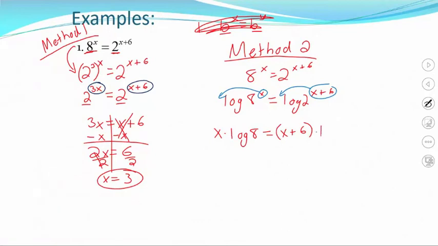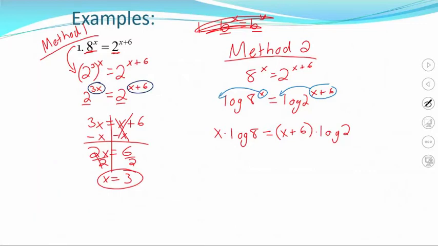Now I'm putting parentheses because x plus 6 does go together. It is one thing. It's one piece. So x plus 6 is kind of stuck together, so I put them in parentheses because they go together. All right, now I'm using just standard algebra rules. So I want to combine these logarithms.